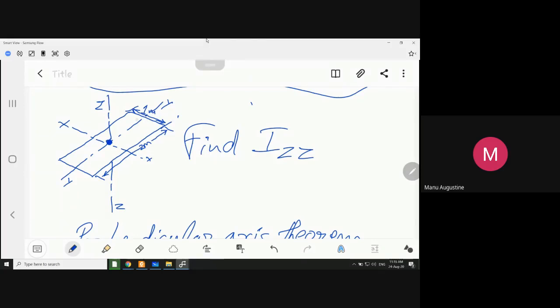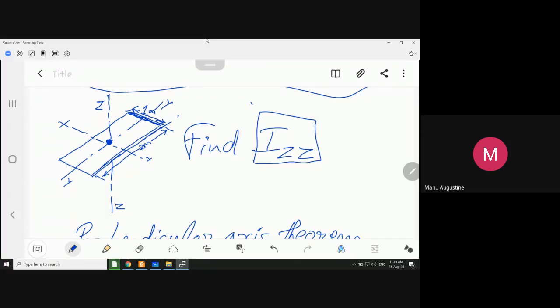The dimensions of the rectangle are the width is 1 meter and the length is 2 meters. Find Izz. Izz is the inertia of the area about an axis ZZ which is perpendicular to the area itself.